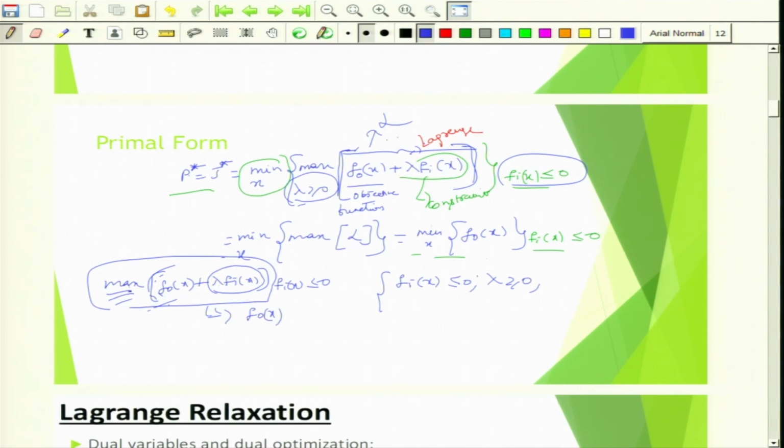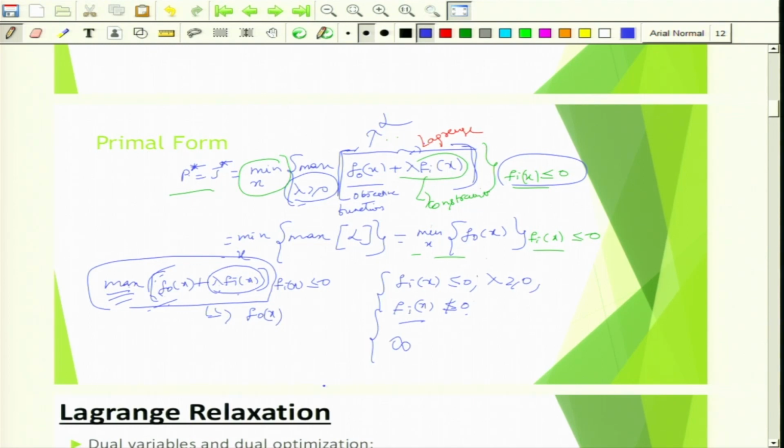And then let us say this is not true, fi of x is not less than or equal to 0, right? That means it should be positive. If this is positive, then lambda is anyway positive. So the maximum of f naught of x plus this term can go to any value, it can go up to infinity, right?